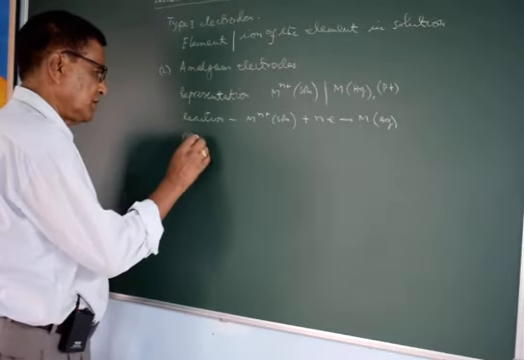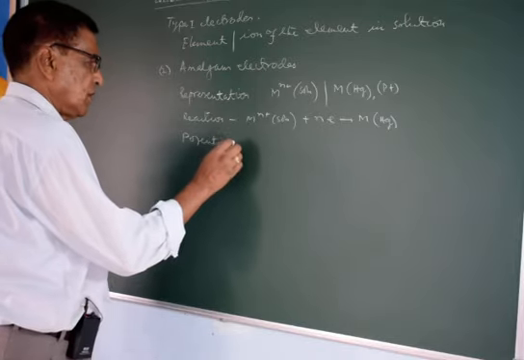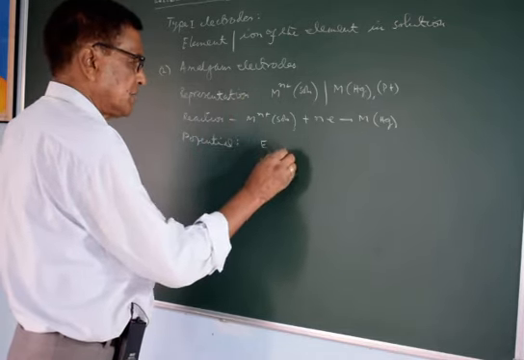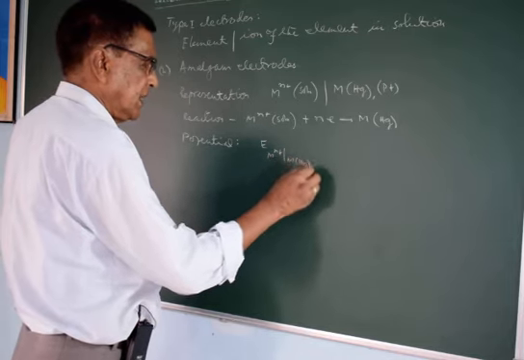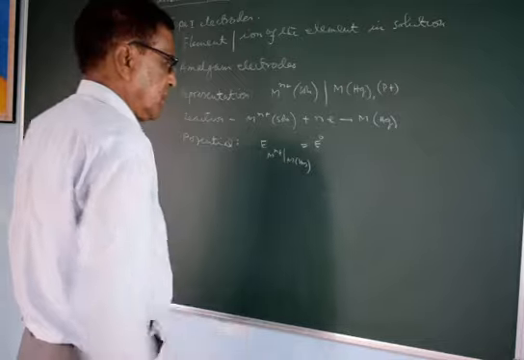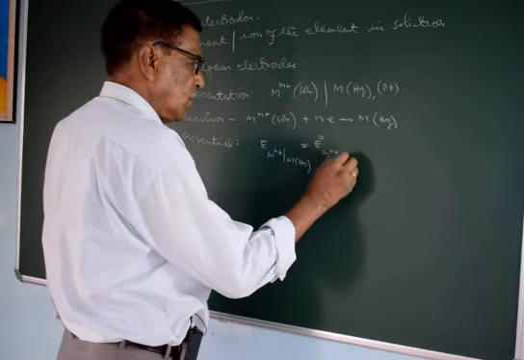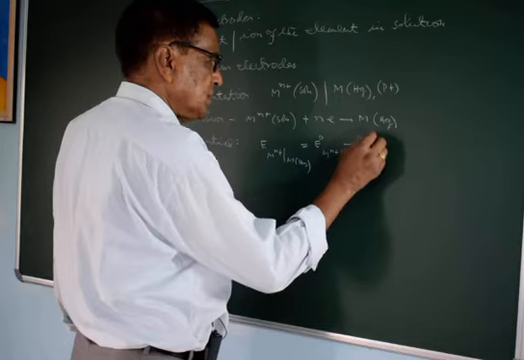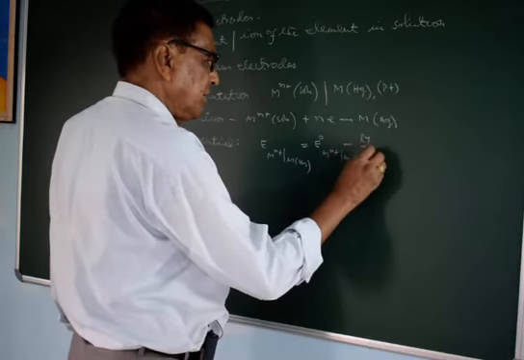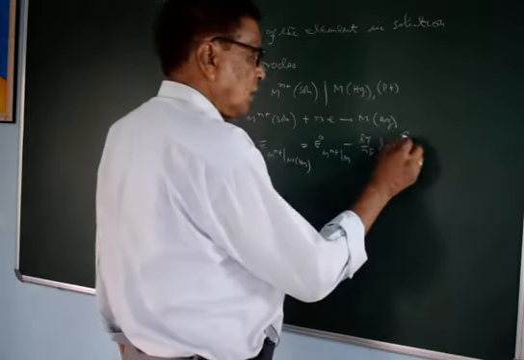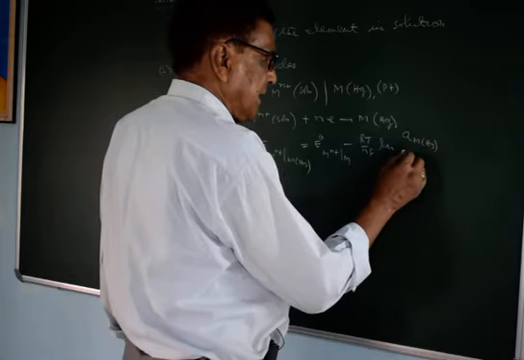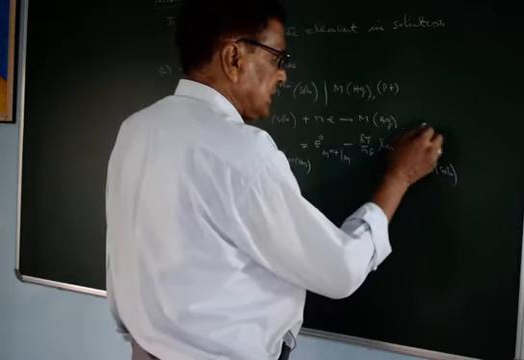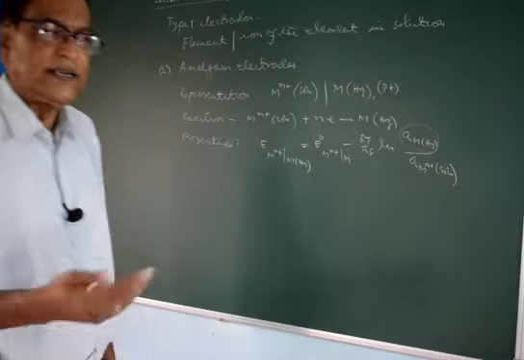And the potential of this electrode, the reduction potential, of course, for M^n+ | M in mercury is equal to E naught of M^n+ | M minus RT by nF into ln of the activity of the metal in mercury divided by the activity of the metal in solution. The activity of the metal in the amalgam is not equal to 1; it is always less than 1.